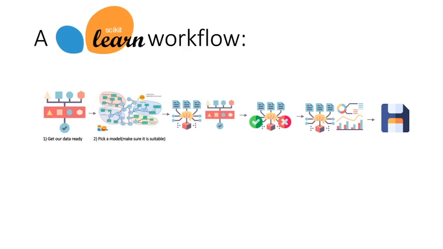Then you pick a model, and you also have to make sure it's suitable. Don't worry about the graph you can see right here. It looks a bit intimidating, but we will look at that in a later video. And then after that, we want to test the model using the data we have prepared and make a prediction.